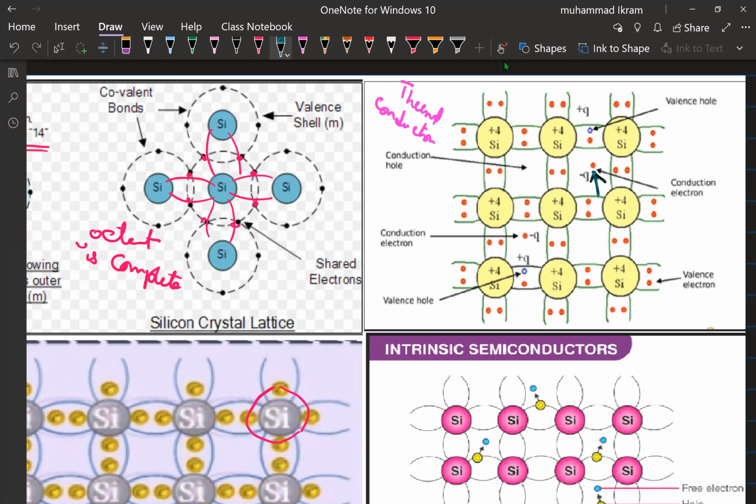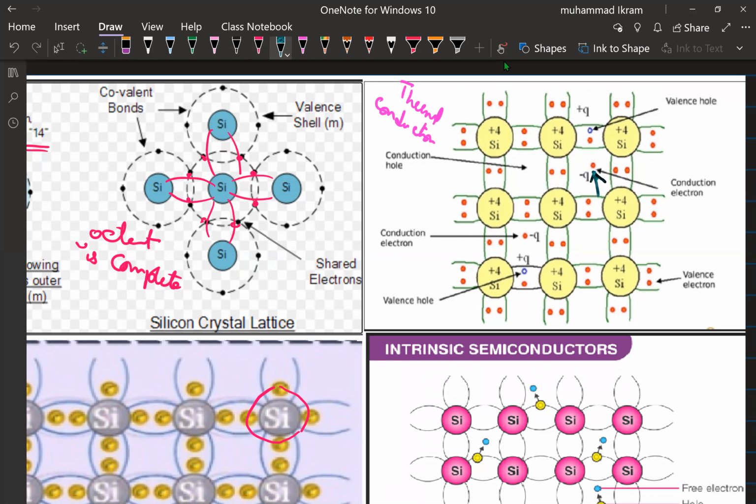So the current carriers are the thermally generated electrons. When you apply an external electric field across such a conductor, it will allow current to flow through. The current carriers are the thermally generated electron-hole pairs.